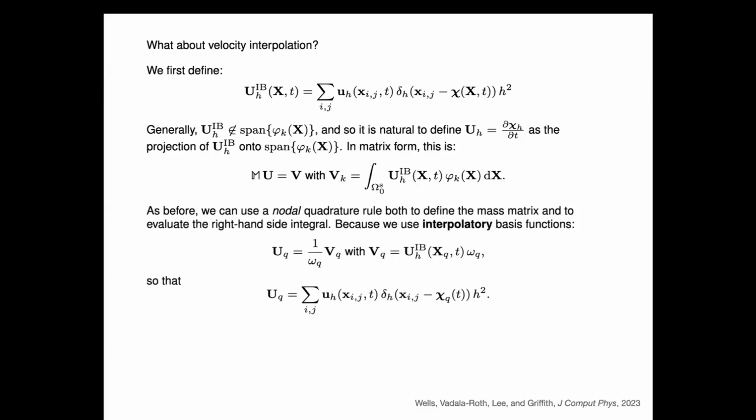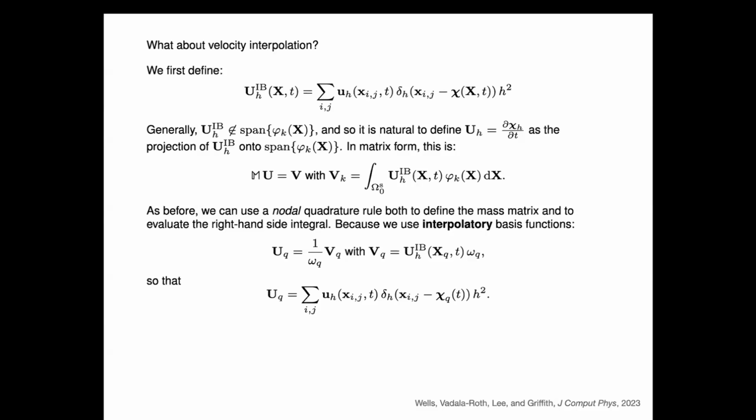If we use the same nodal quadrature rule that we used to define the mass matrix, because the basis functions are interpolatory, all that says is that the velocity of the nodes is what we get by sampling this IB velocity field at the nodes. This is just back to what you would do in a regular old immersed boundary method. So the way this all comes together, you want to use the same quadrature rule to discretize force spreading, velocity interpolation, and also the weak form of the divergence of the stress.